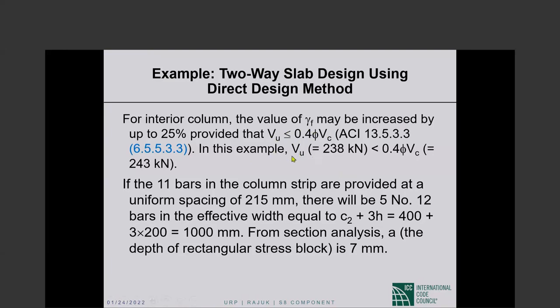In this example, V sub u is 238, 40% of phi V sub c is 243. So we barely met it, barely, but we did. The other condition that has to be met is what I'm illustrating here now.